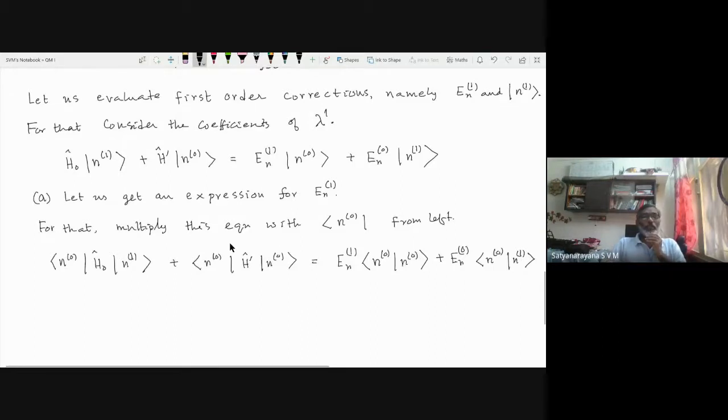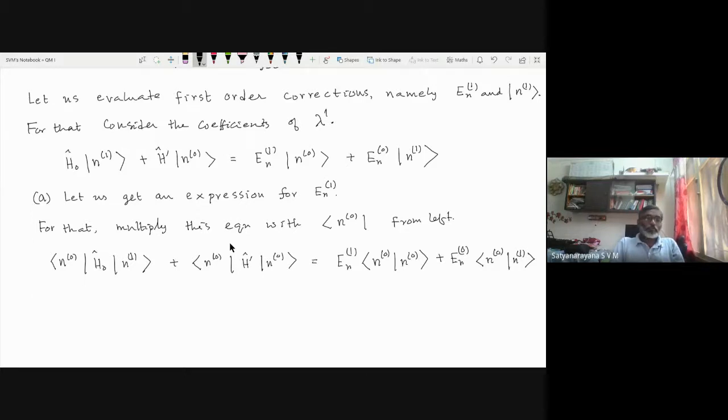the next step what we will do is, remember Hamiltonian H naught is a Hermitian operator. Since H naught is a Hermitian operator, the energy values are real. So H naught can act on a ket to the right of it or also to the left of it, because on the left only its adjoint has to operate, but H naught is Hermitian, its adjoint is the same as itself.